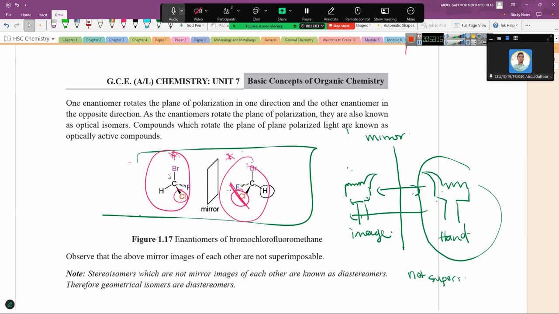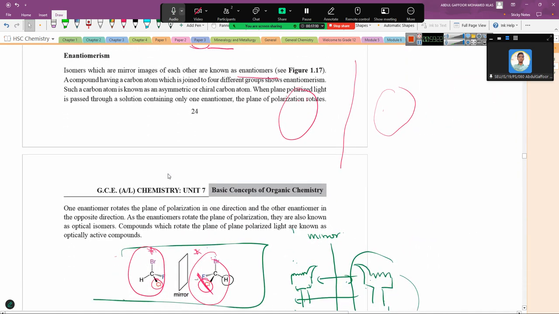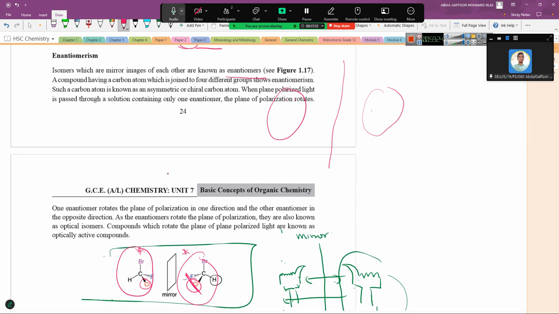Not really. I got very confused. So yeah, can you take some time and read it? Okay, you read it and explain what enantiomers are.